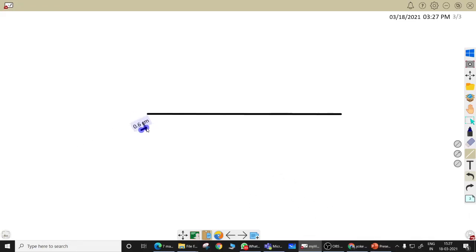So we will be drawing a line. The measurement and other things we will do later to check whether it has come out correctly or not. I am simply putting a line segment, and for convenience I will name it AB, the name of the line segment.